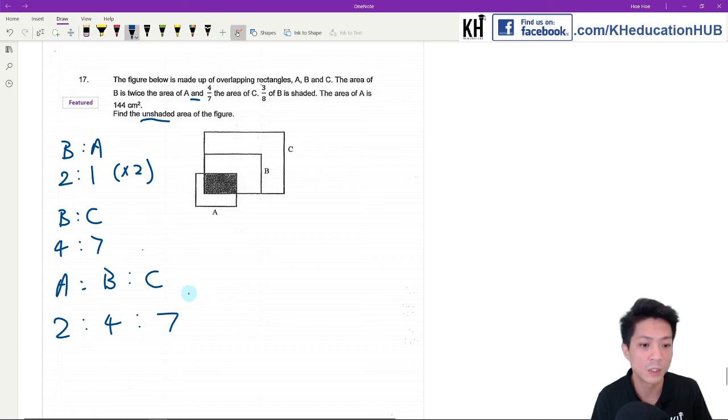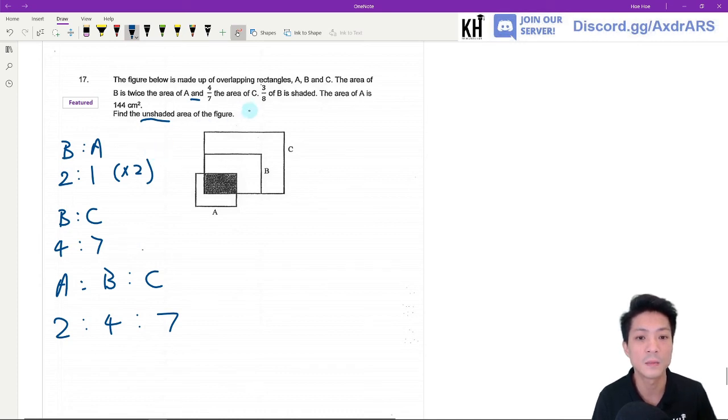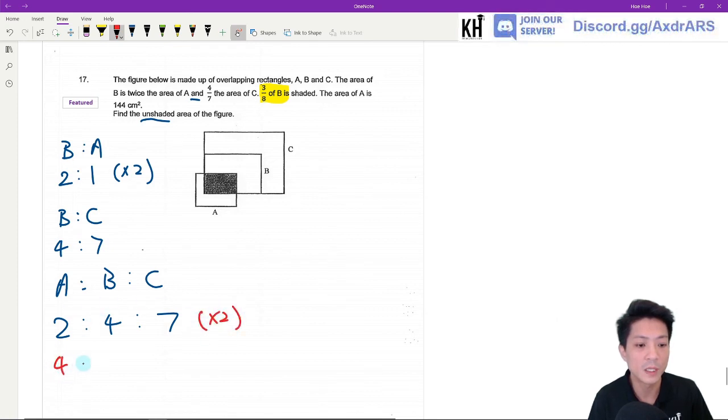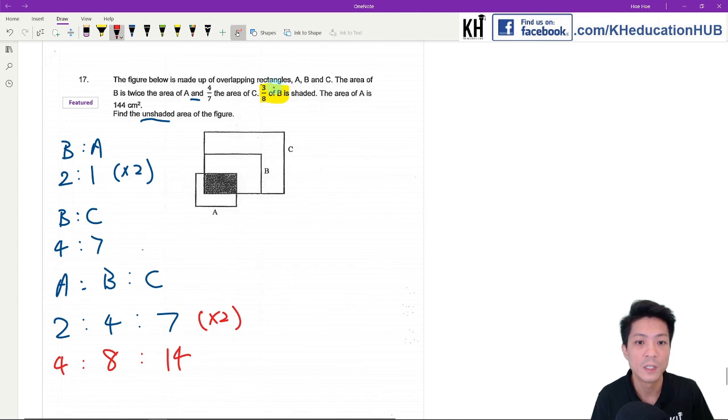Let me just make sure I got it. Okay, and then 3/8 of B is shaded. But the problem is over here it is 4 units, so I'm going to multiply the whole ratio by 2 again so that B becomes 8 units. Now if 3/8 of B is shaded, this shaded part will be 3 units.